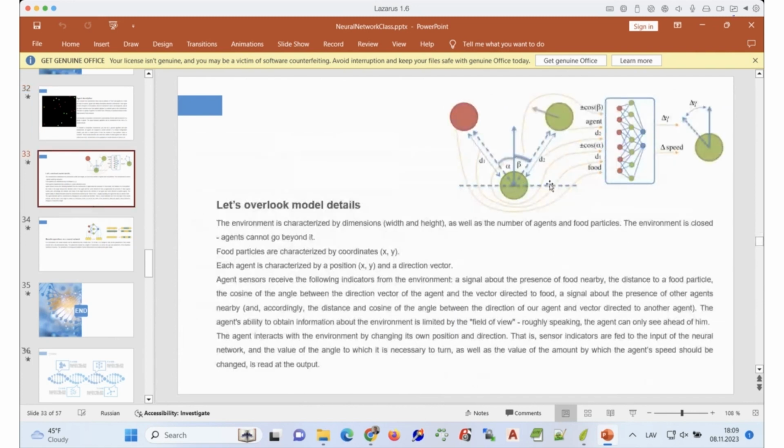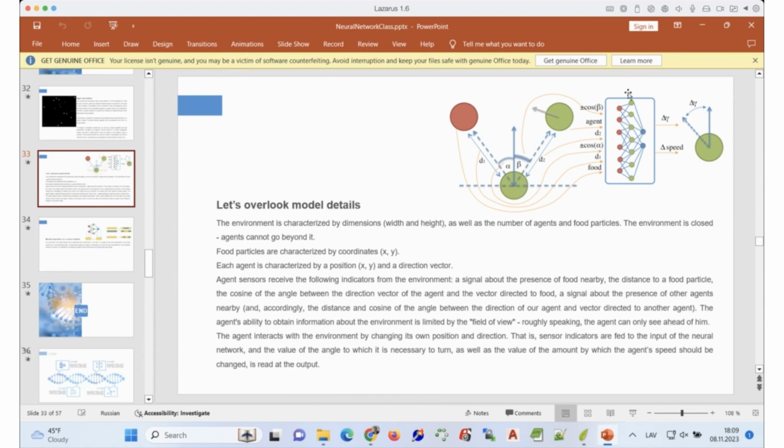So for the entity itself, here you can see a small neural network, which makes a conclusion of how fast it should move right now, and if it needs to be rotated, based on the following: the closest food item, at which angle it's located and at what distance, where the closest entity is located, that's related to a distance, and the angle to the sight line of the entity.